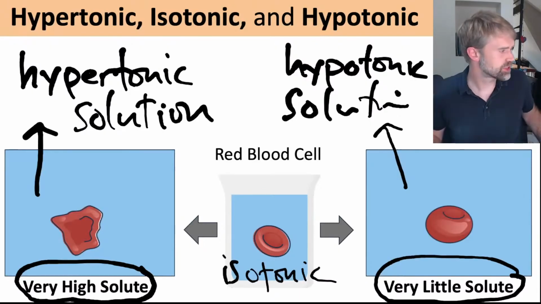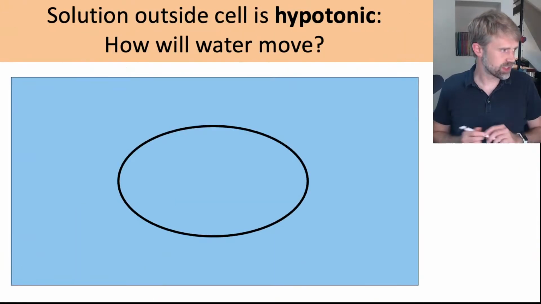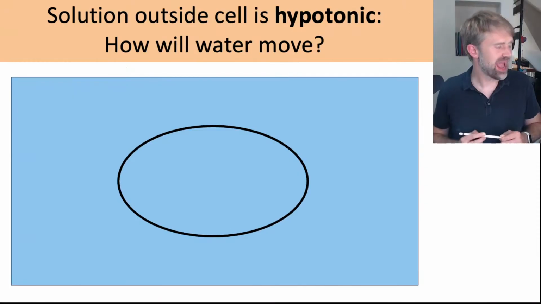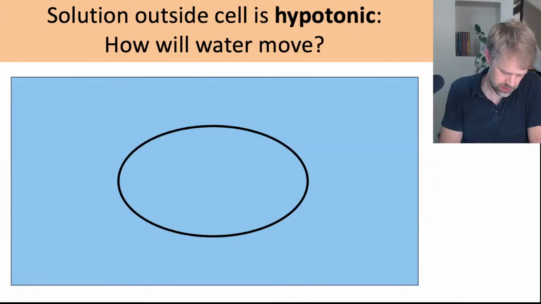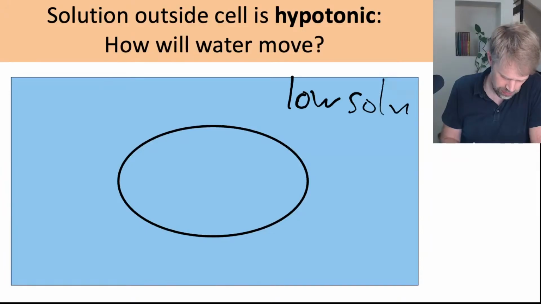Okay. So, here we can do a couple quick examples. The solution outside the cell is hypotonic. How is the water going to move? If the solution outside is hypotonic, that means we have low solute outside, and that means we have high solute inside.